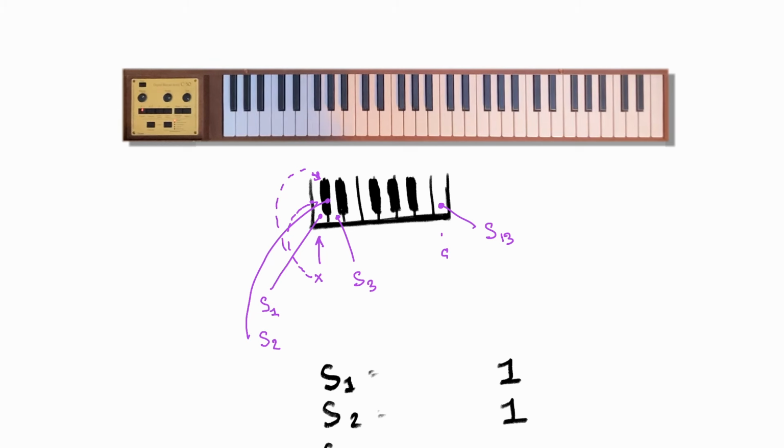Now, what is S3? And here is the important idea. The idea is to say, if we go to this note, and we have used tones and semitones only, we can finish by either going up a tone or going up a semitone.